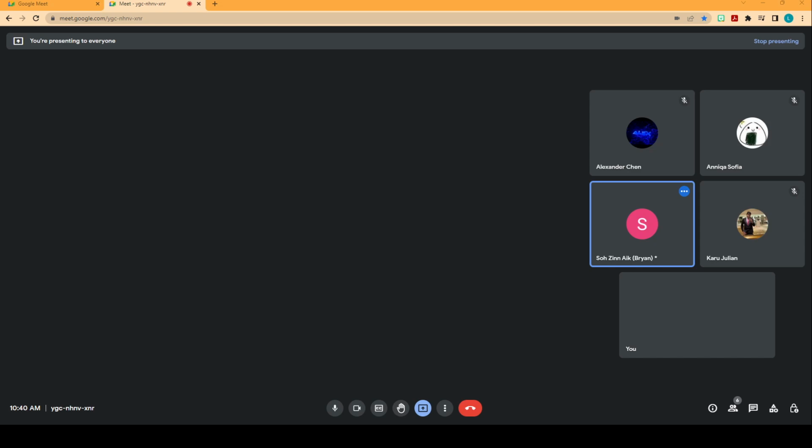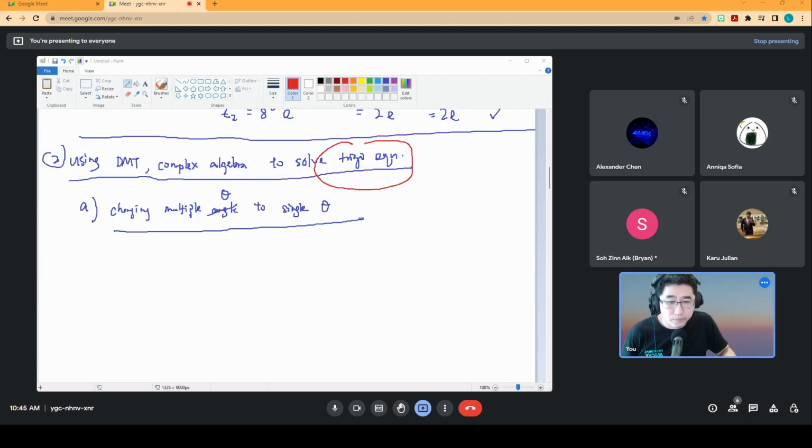Multiple theta to single theta. That's type 1. Okay. Give me sine or cos. Tell me. Give me something. Sine or cos. Cos. Okay. Cos. Give me a multiple of theta. Something times theta. How many? Not too big.